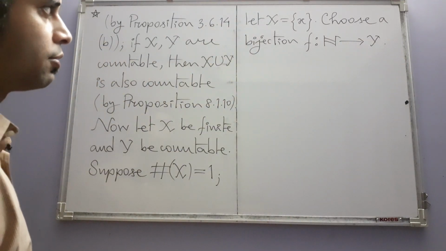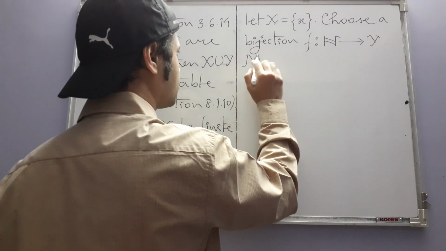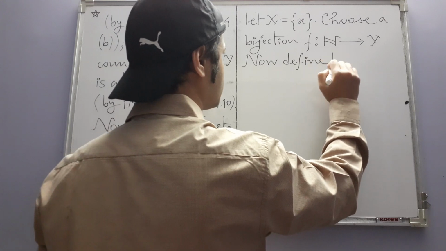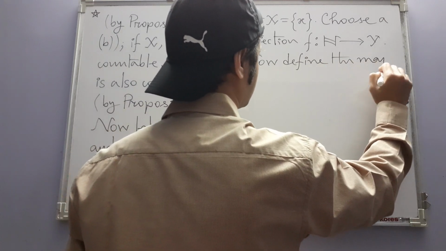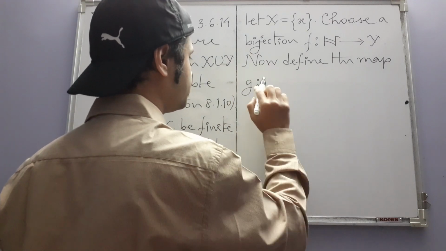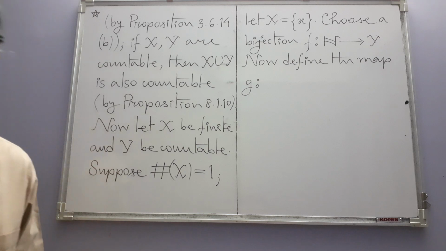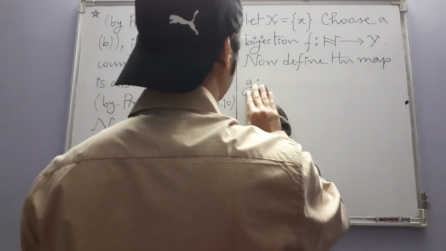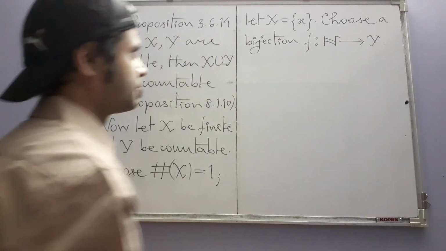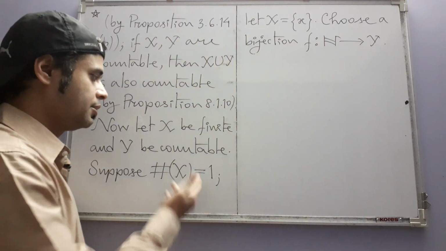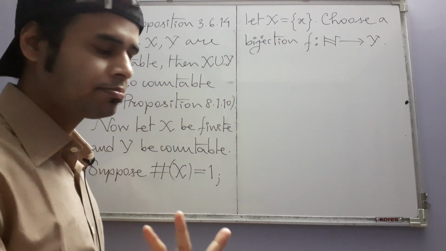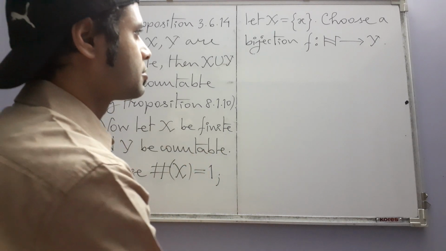Okay, now define the map G, but before I define this map, I need to say something else. It may happen that this unique element is actually inside y itself. That may happen because x and y are just some sets.